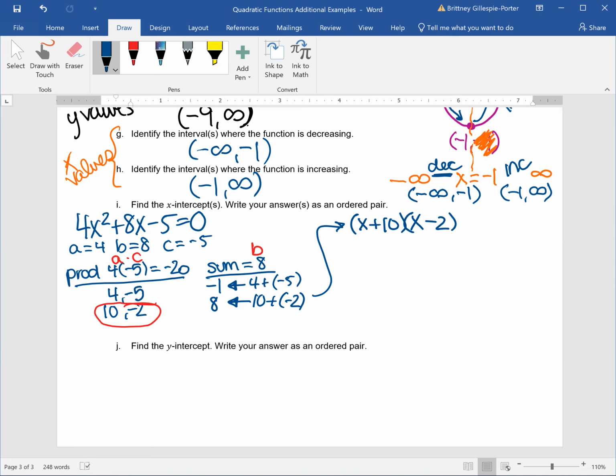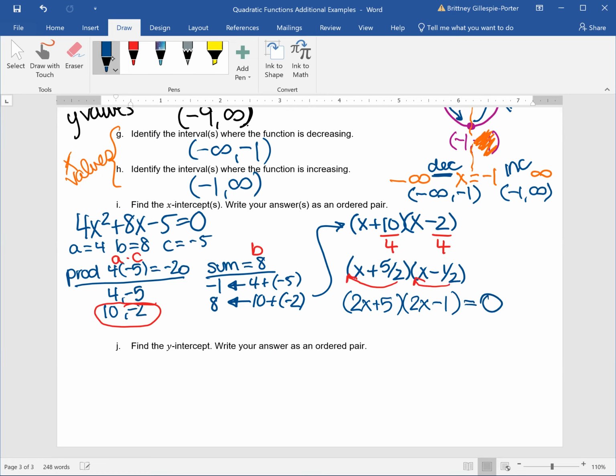We need to divide by a, which was 4. Simplify your fractions. So x plus 5/2, x minus 1/2. And then bottoms up, or slide, divide, slide tells you to bring them back up. So this factors into 2x plus 5 times 2x minus 1.